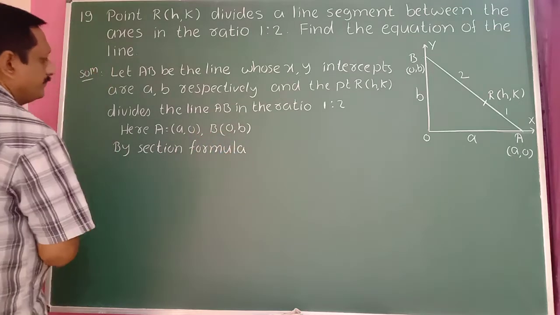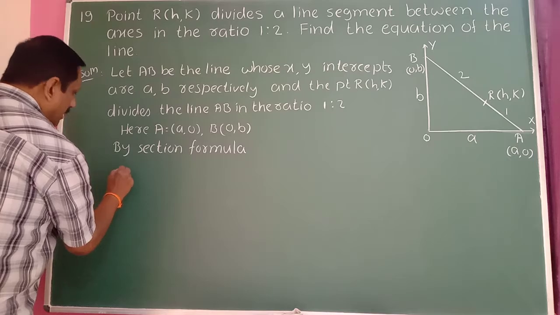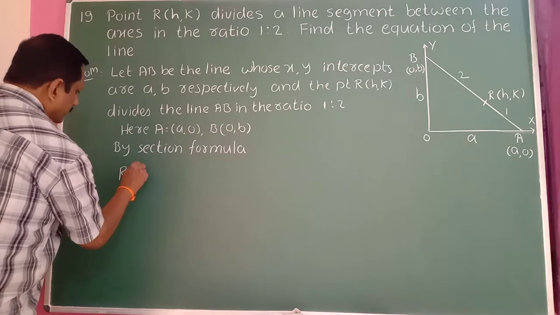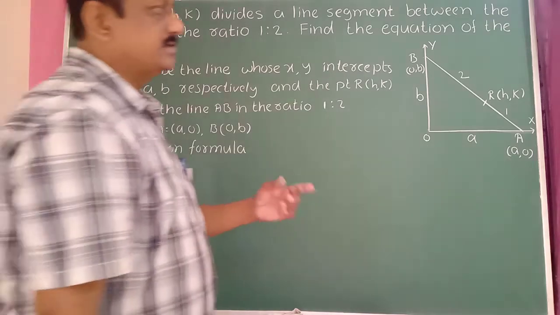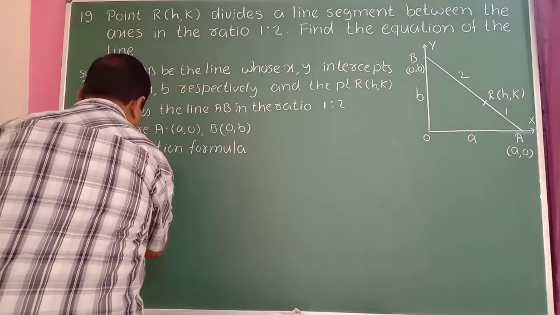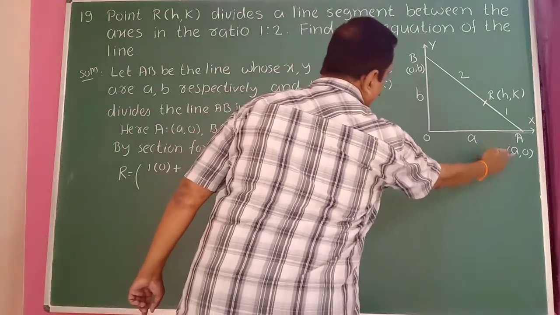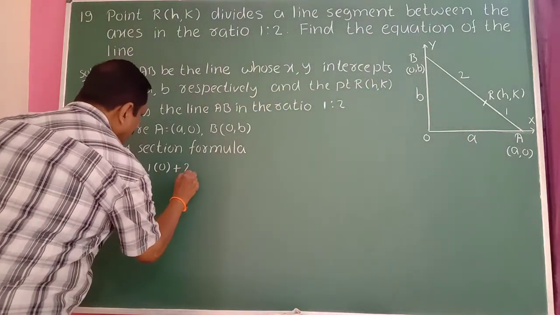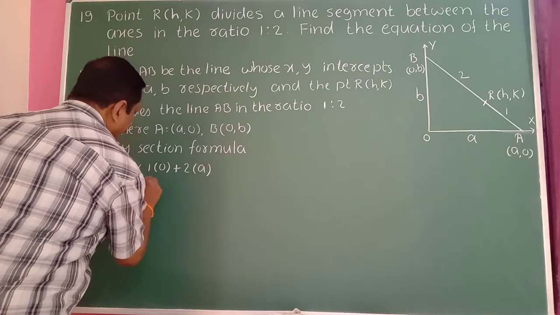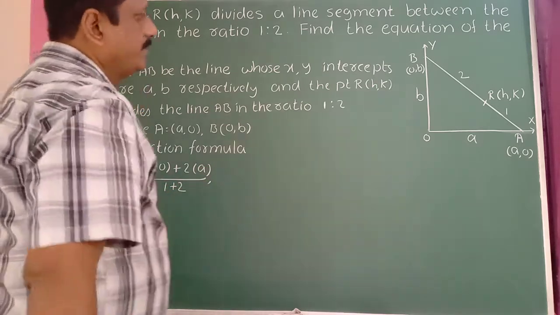Section formula. So the coordinate of the point R is equal to, using the section formula, (1 into 0 plus 2 into a) divided by (1 plus 2), comma.